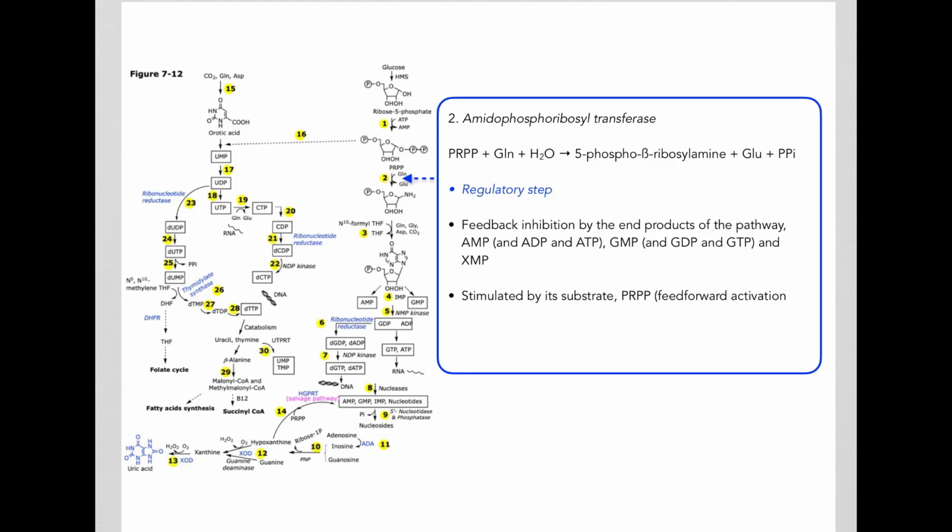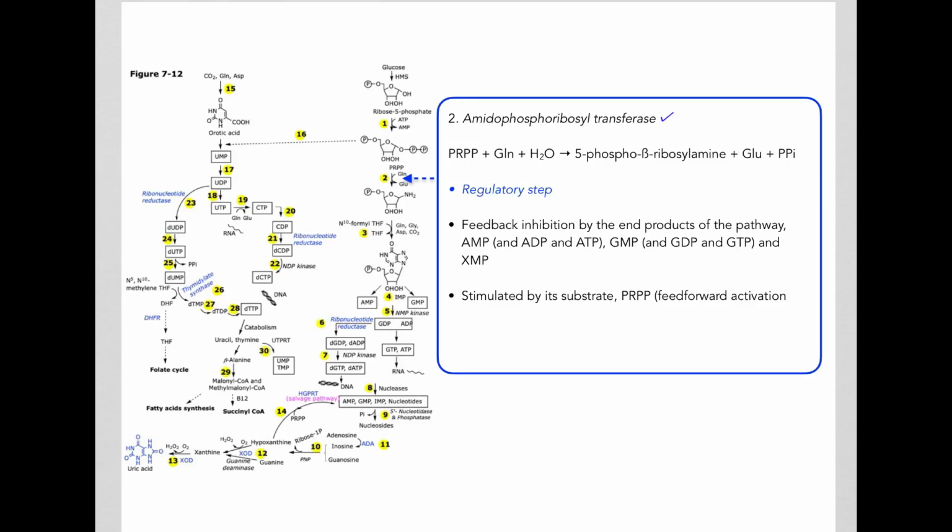So basically this reaction is PRPP plus glutamine plus water as the substrates, and the products are 5-phosphoribosylamine plus glutamic acid plus pyrophosphate, or PPi. This reaction is catalyzed by the enzyme amidophosphoribosyl transferase. This is the regulatory step of the purine synthesis pathway.